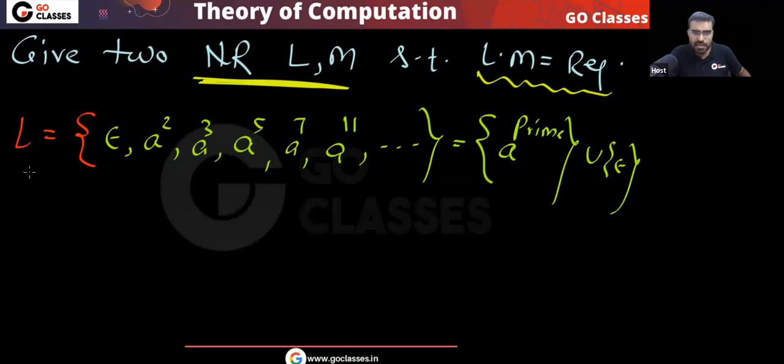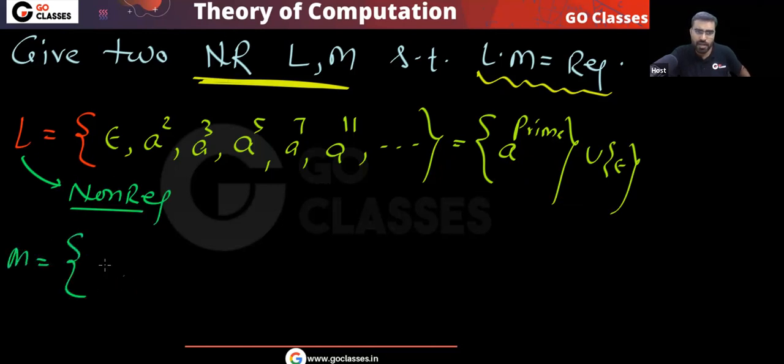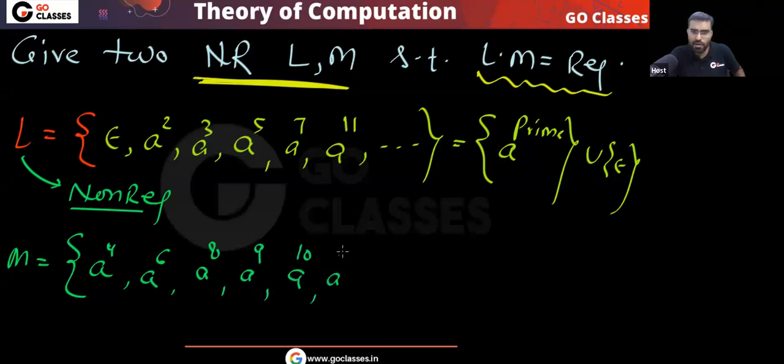This language L, is this non-regular? This language L, a power prime, is non-regular. Okay. Now you take M equal to a power 4, a power 6, a power 8, a power 9, a power 10, a power 12.